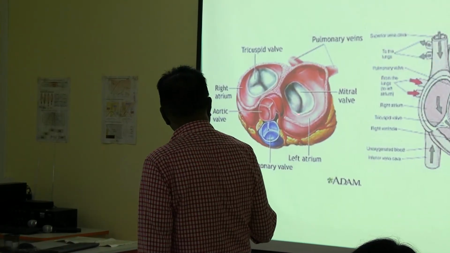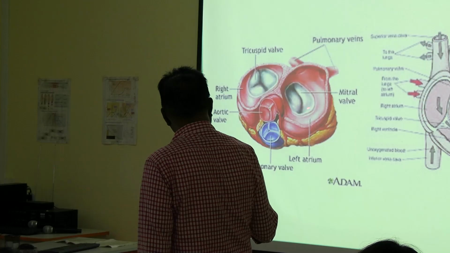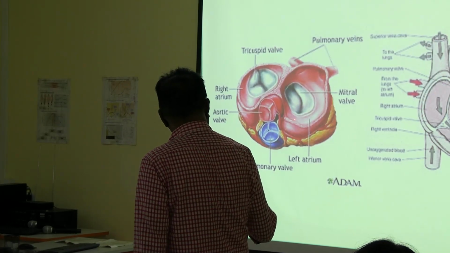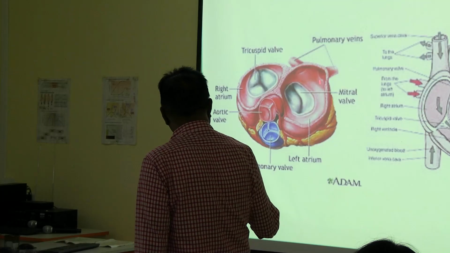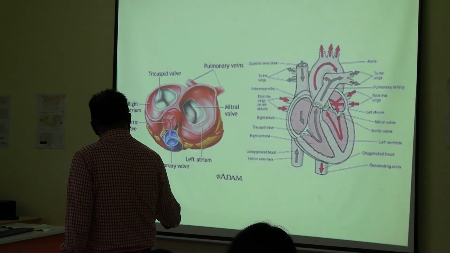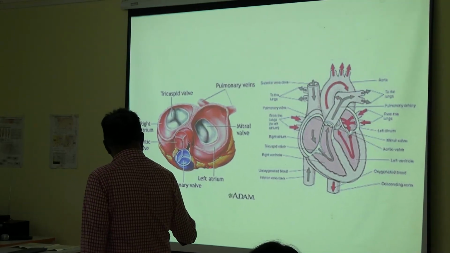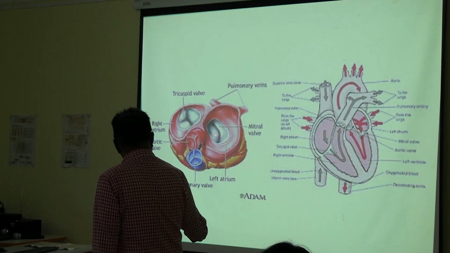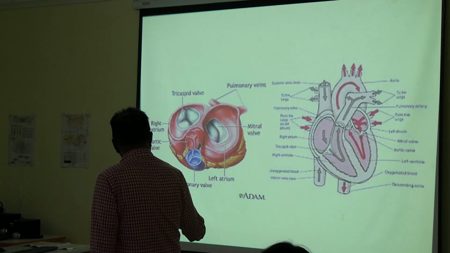Where is it located? Where will we find this blood? What is this? Atrium. Which atrium? Okay. And below this, what is this? Left ventricle. Now this is closed. The mitral valve is closed.